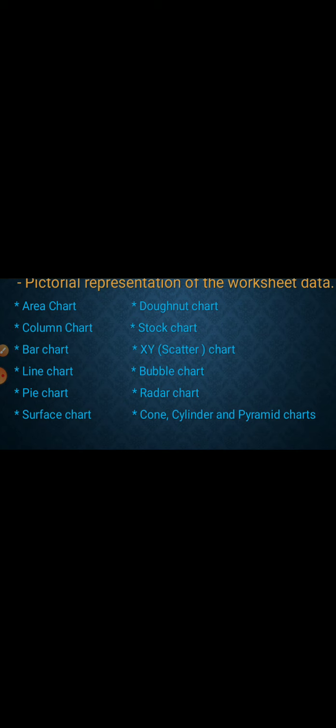A bar chart illustrates comparisons among individual items. The variation of the bar chart is the stacked bar chart. A stacked bar chart shows the relationship of individual items to the whole.